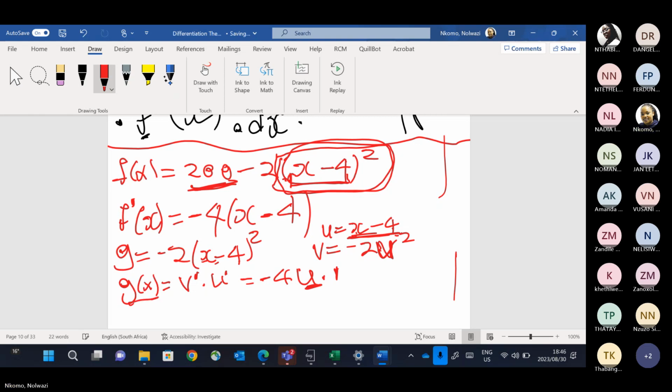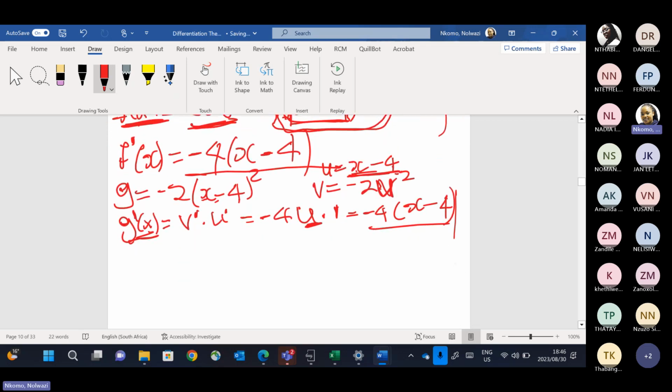This means the derivative here would be minus 4 into (x minus 4), right? That's why I said our f prime is minus 4 into (x minus 4), right? Okay.